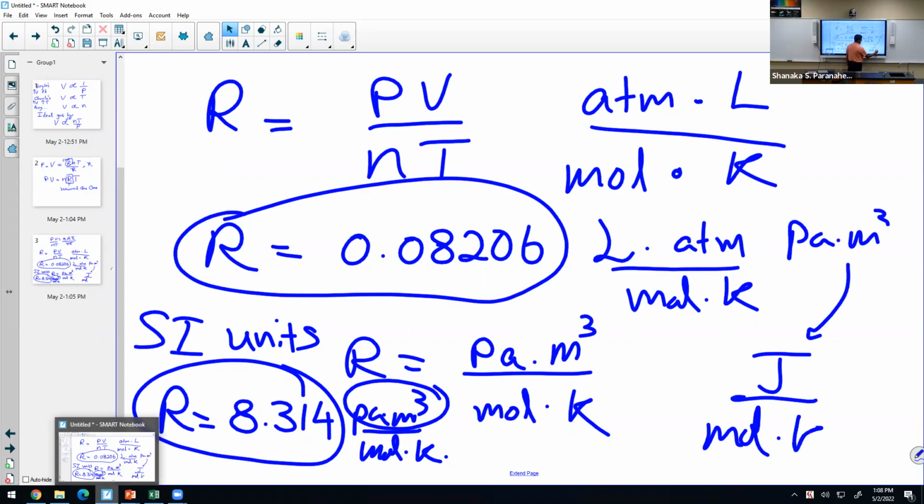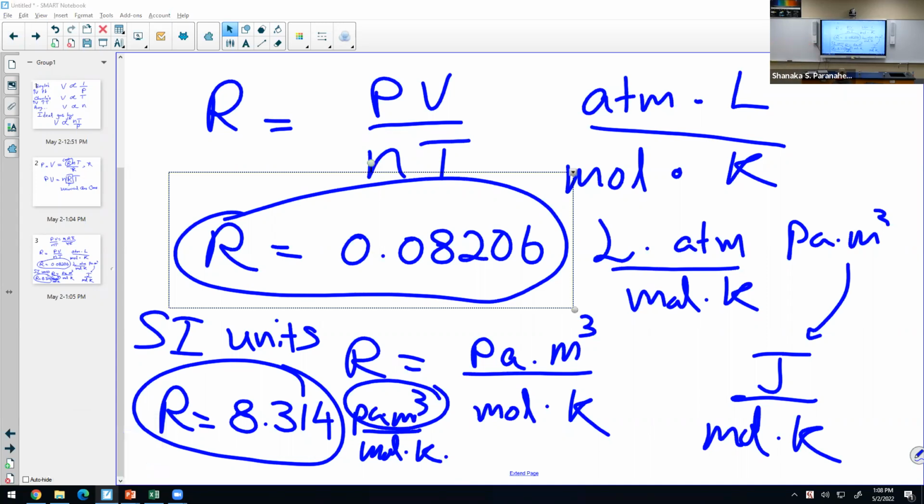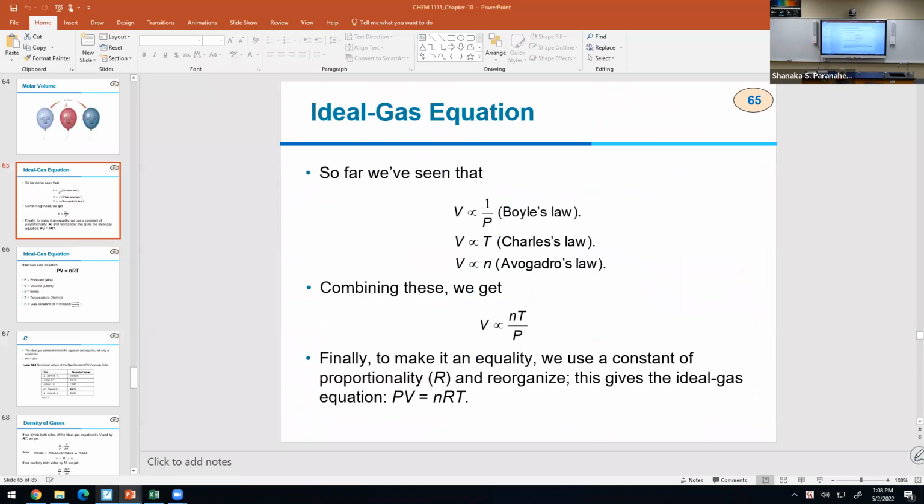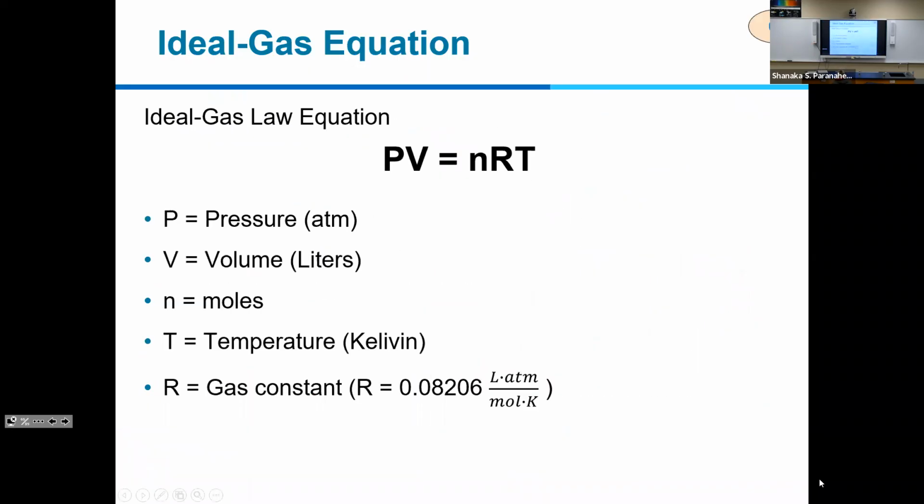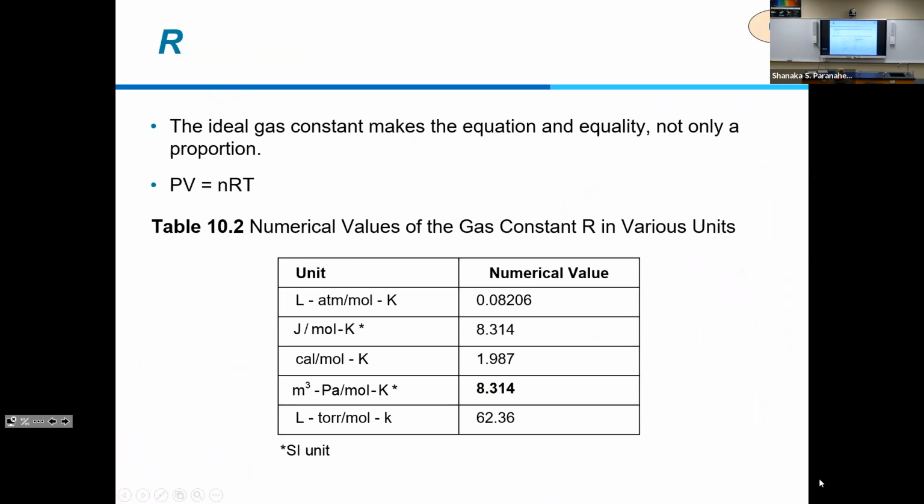We can condense our unit into joules per mole per Kelvin. If we go to the next slide, slide 61, you can see different units and different R values, based on the units for the other variables. These are the possible R values.